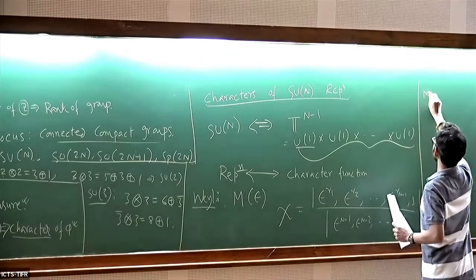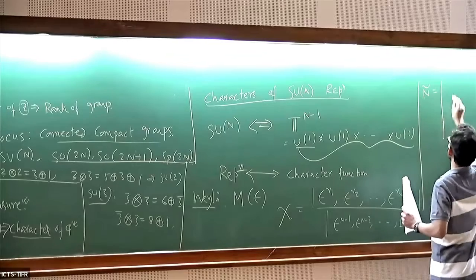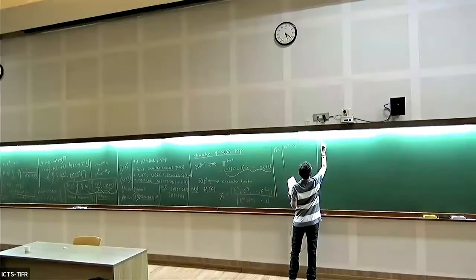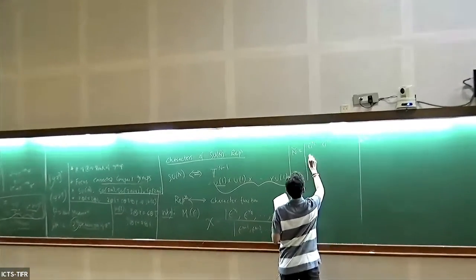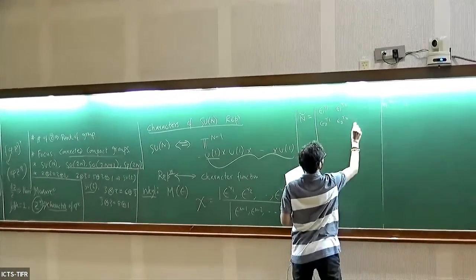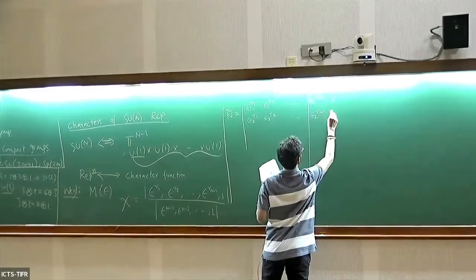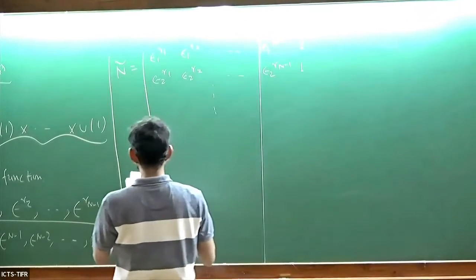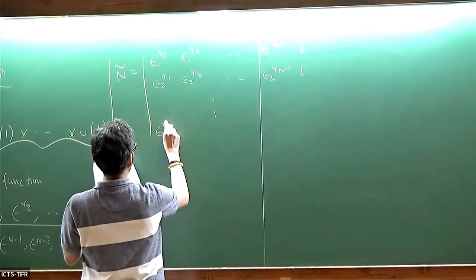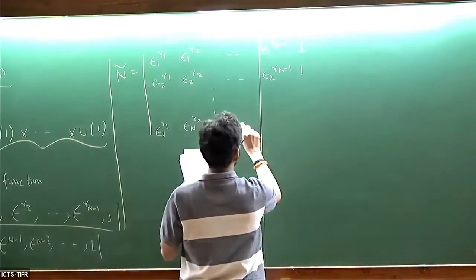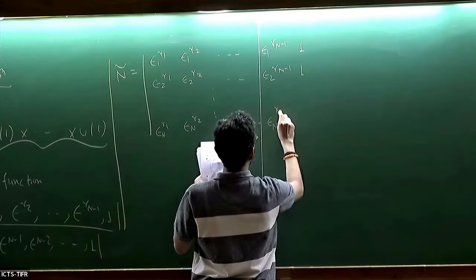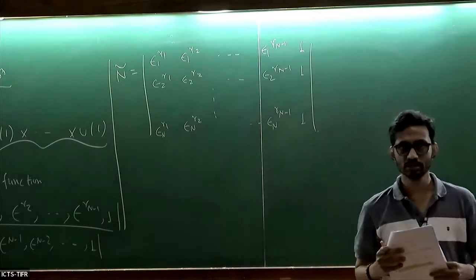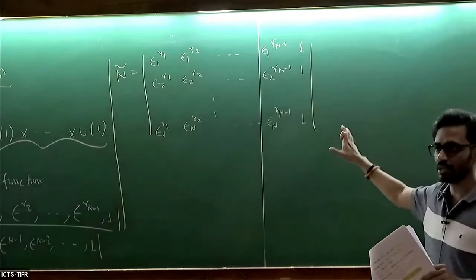This first numerator, which I'm calling A n tilde, is written as epsilon 1 r1, epsilon 1 r2, up to epsilon 1 r(n minus 1), 1, then epsilon 2 r1, epsilon 2 r2, epsilon 2 r(n minus 1), 1, and then so on. And this is epsilon n r1, epsilon n r2, epsilon n r(n minus 1), and then 1, right? So this is the numerator. If you calculate the determinant, we can compute.